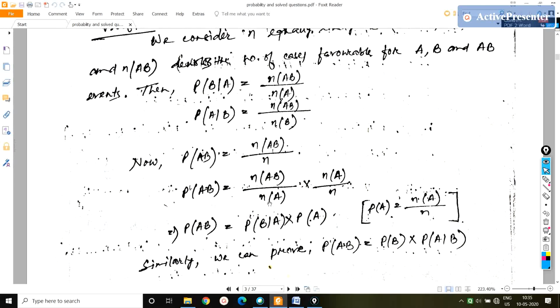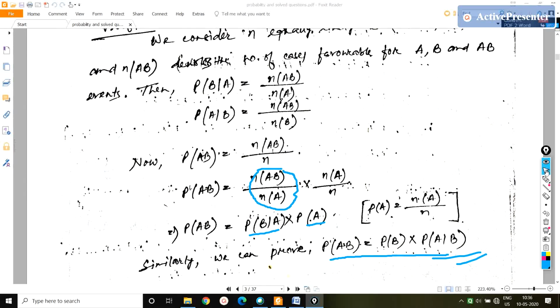N(A) is introduced intentionally to convert it into a form, and you will see that n(AB) by n(A) is the probability of B given A, and n(A) by n is the probability of A. So we have proved that the probability of AB is equal to the probability of B given A multiplied by the probability of A. Likewise, you can prove that the probability of AB is equal to the probability of B multiplied by the probability of A given B. This one you try yourself, and I hope you will be able to get it.